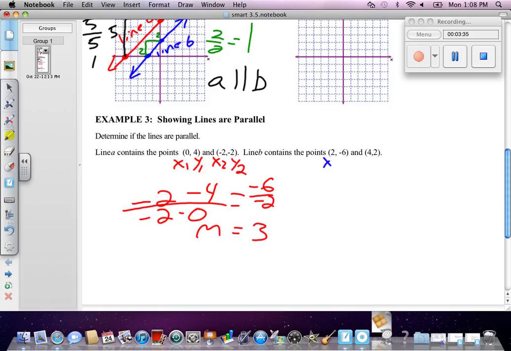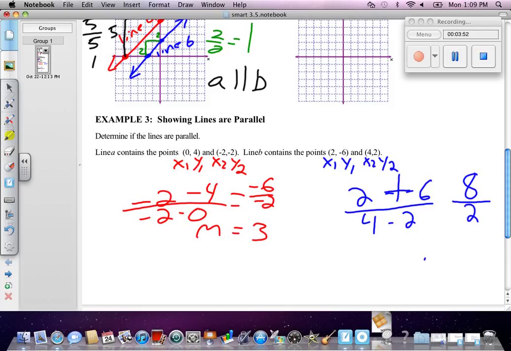So we're going to do line B. x1, y1, x2, y2. 2 minus the negative 6 over 4 minus 2. 2 negatives make a positive. 6 plus 2 is 8. 4 minus 2 is 2. So the slope is 4. Are they parallel? No. Are they perpendicular? No. All right. We good? Does everybody understand how this works? Yeah. Okay.